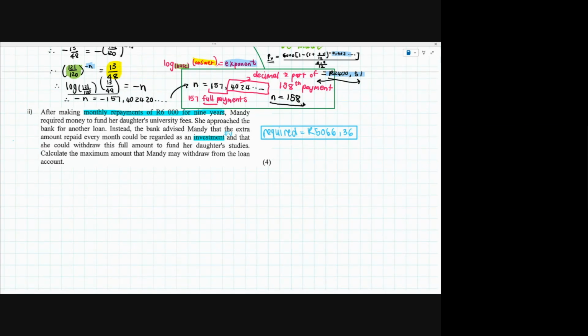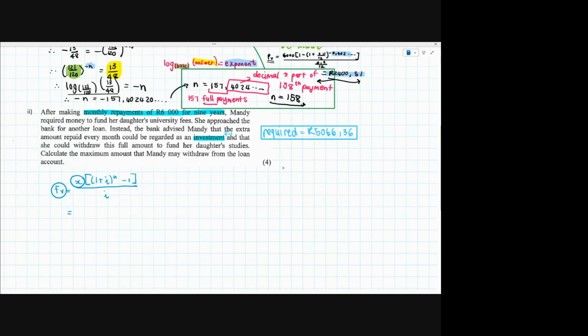Okay, so we're moving into an investment scenario. So we're moving into our future value scenario, which is F = x[(1 + i)^n - 1]/i. I always forget future value for some reason. Alrighty, so we want to figure out what the future value of our investment will be. So we're looking for the future or the F value. We know that every single month she paid an additional or an extra little bit.